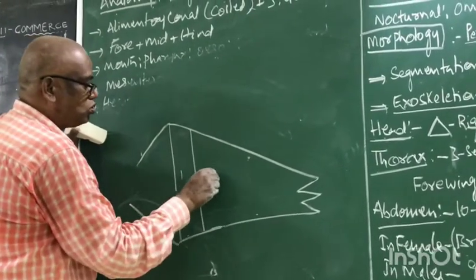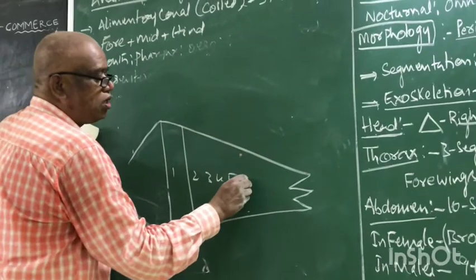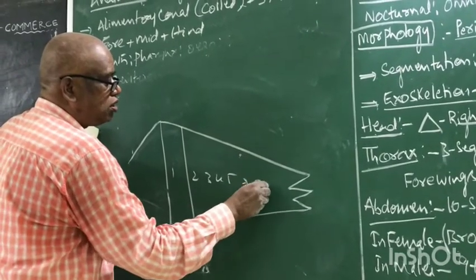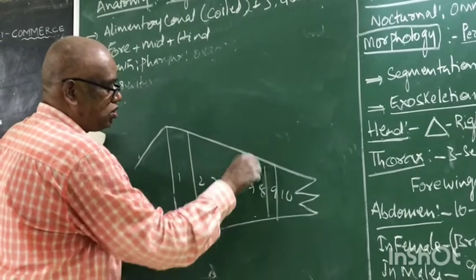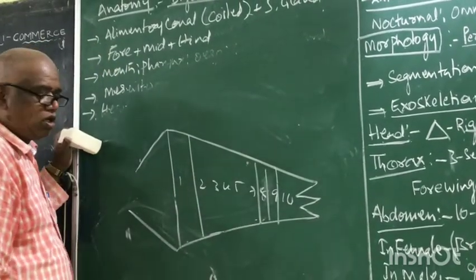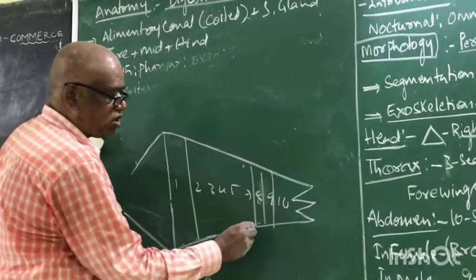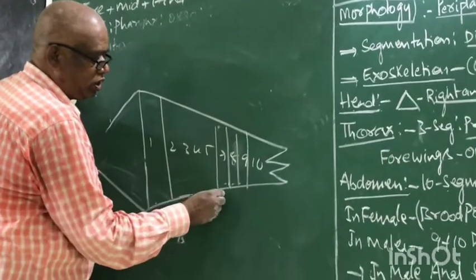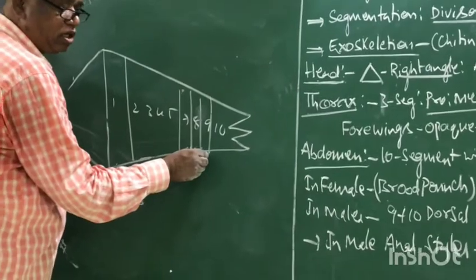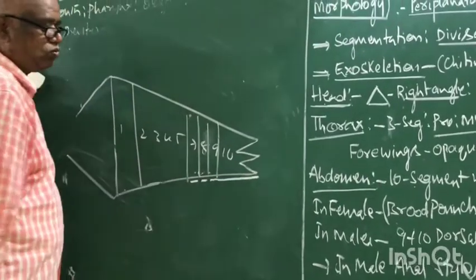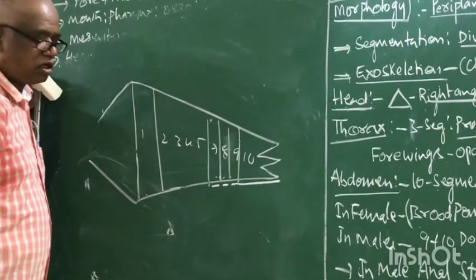Segments 1, 2, 3, 4, 5, 6, 7, 8, 9, and 10. See. How many sterna? 9 sterna. No, it is the 7th sternum. It is the 8th sternum. The 9th is also extended up to the 10th. Hence there are 9 sterna.